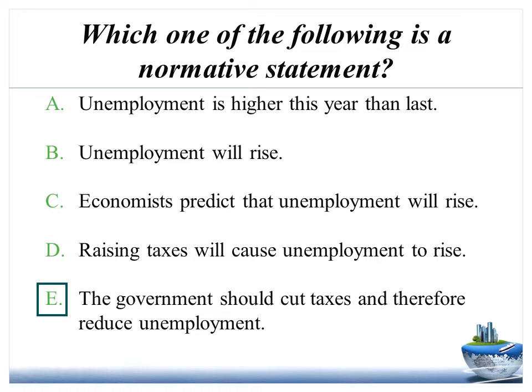And E. The government should cut taxes and therefore reduce unemployment. The answer is E. So, after doing some examples, are you clear about positive analysis and normative analysis? The answer is yes, right.